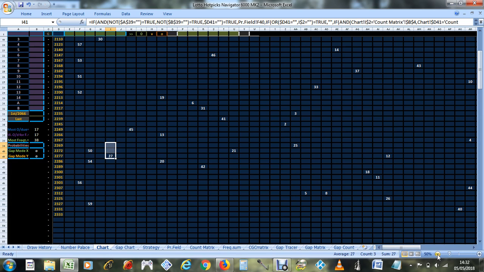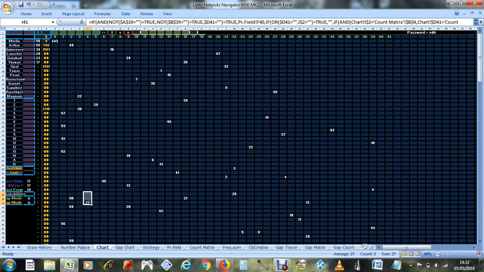Put all the numbers where they are in relation to each other in terms of the current gap between occurrences. Now, to make things more interesting, what I'm going to do is, instead of looking at when the gap last occurred, I'm going to look at when the number last occurred, because I would expect that the current gap, if it's a bigger gap, it'll be less frequent.